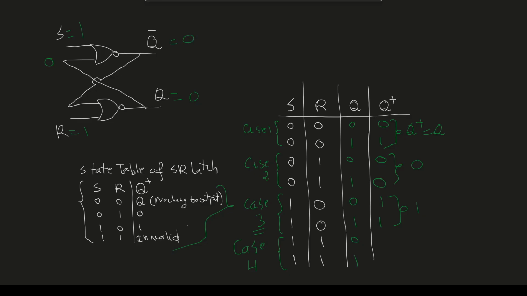And then 0 will come here. So 0 NORed with 1 for the bottom NOR gate, the output for the next state, Q, will be 0. This is why this is invalid, because it's not possible to have Q is 0 and Q bar is 0, because Q bar is the complement of Q. So that's why we say this is invalid or not possible.